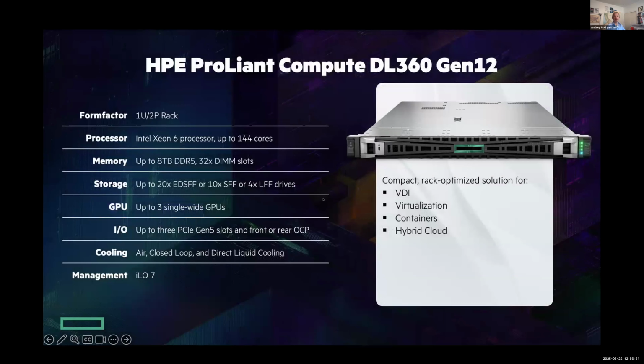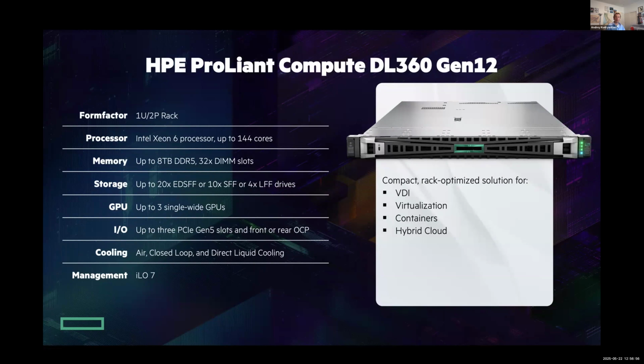It's a dual socket design, a 1U rack system that has enormous options for different types of configurations. It's one of the modular workhorse solutions from HP, where you can really configure it to the needs of the environment.